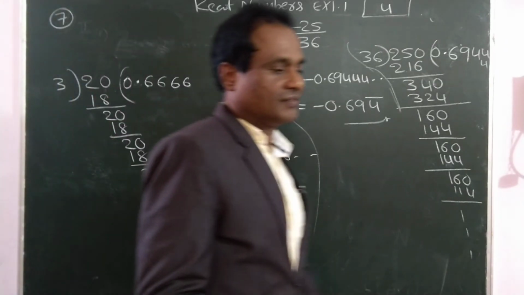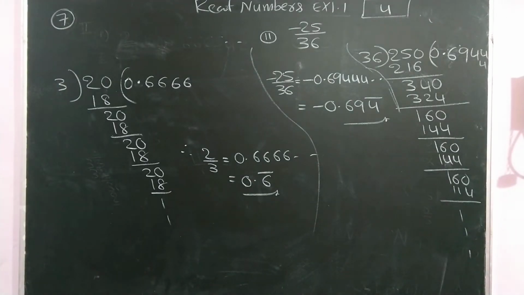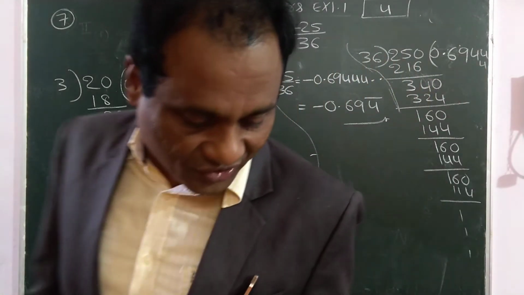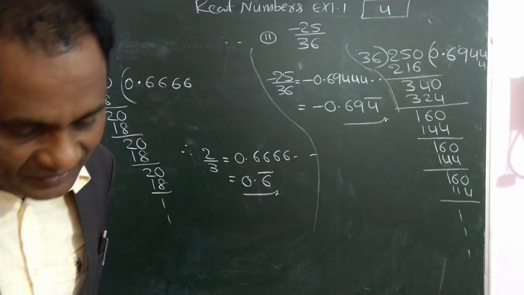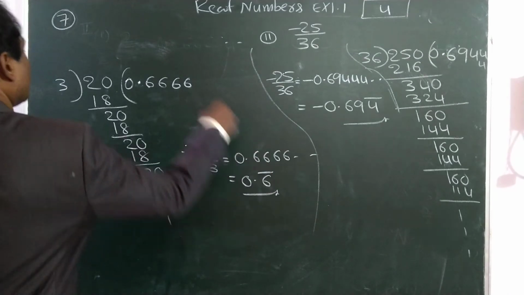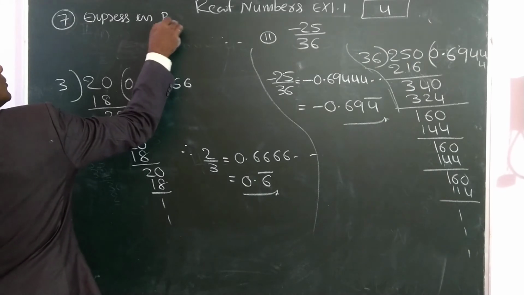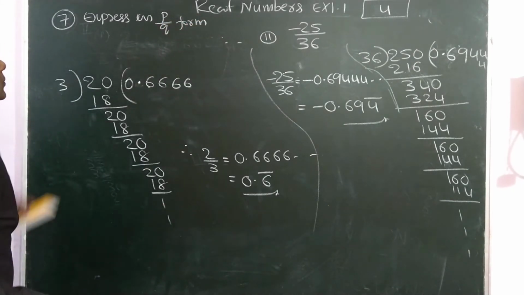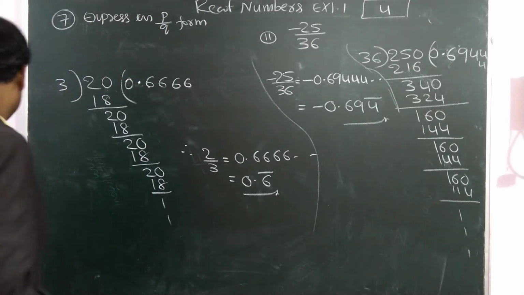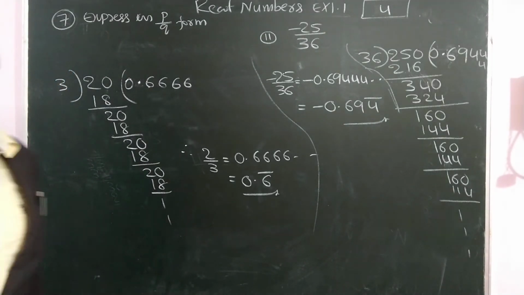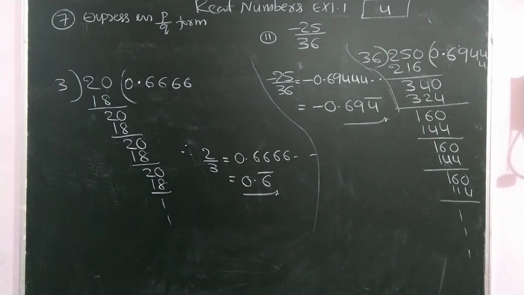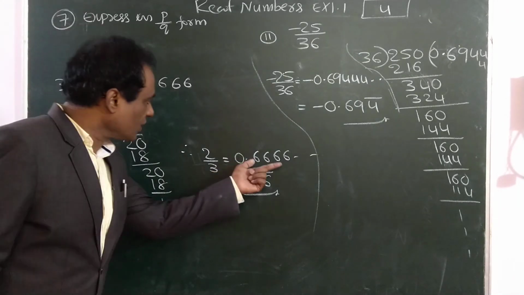Seventh question. Write down a question from the textbook. Okay, the reverse process. If this is given, how to get this?